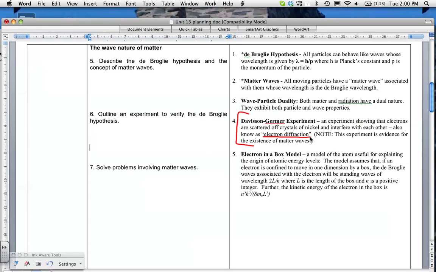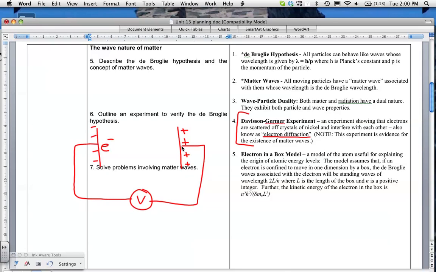Now, if you get an electron and you put it between a potential difference, if this is negative, negative, negative, and this is positive, positive, positive, with a certain voltage, we know that the energy E is going to equal the voltage times the charge of the electron, VE. And that energy is given in kinetic energy. Now, we've already just proved that kinetic energy you can write for non-relativistic situations as p squared over 2m.